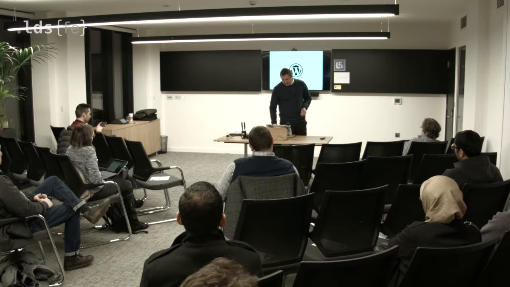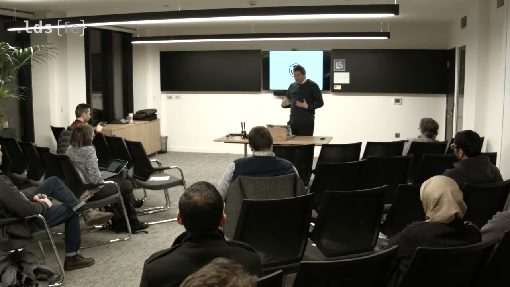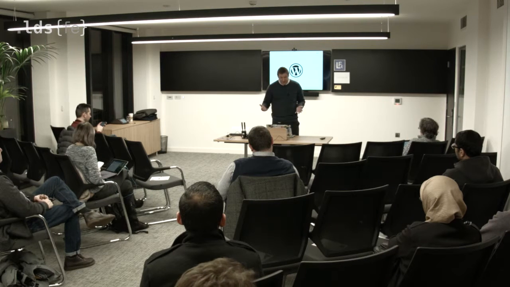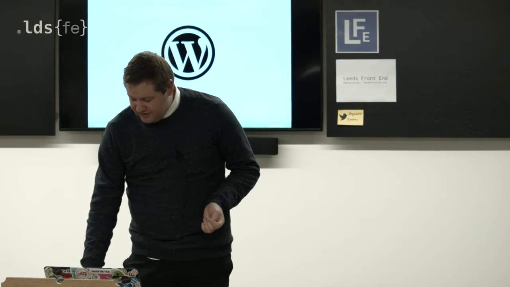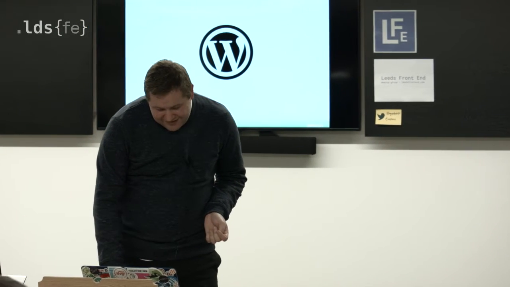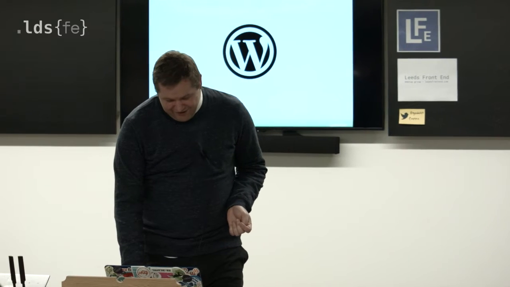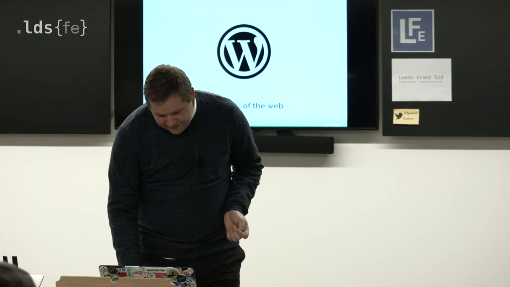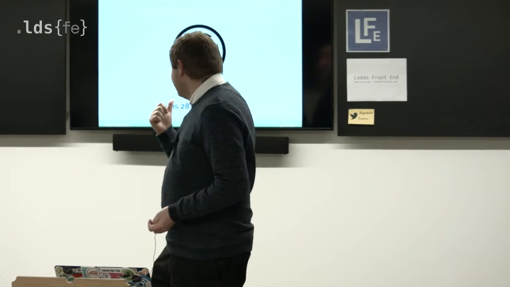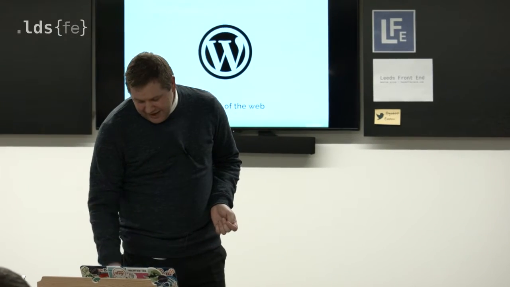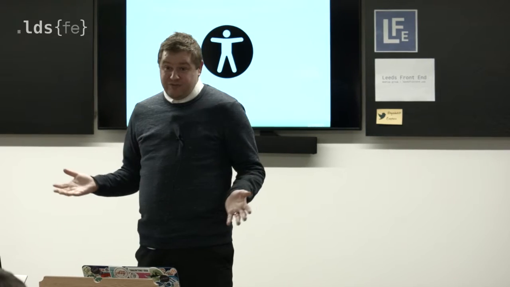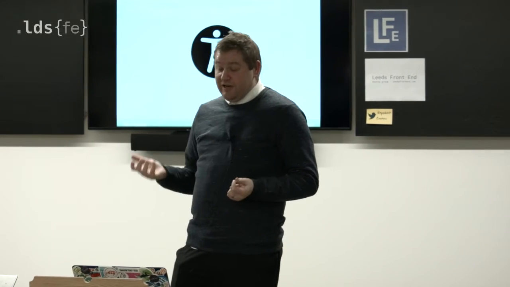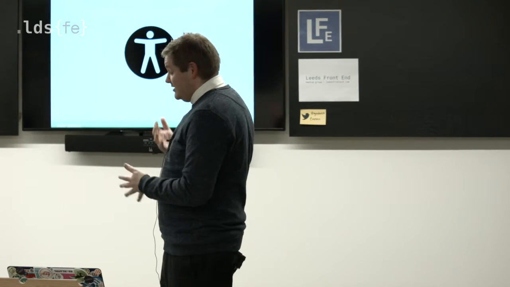So there's a few slides in here about why we use WordPress at our agency as a back end. I know there's a lot of love out there for WordPress, but there's a lot of hate there too. I'm not going to harp on too much about it because you're not the right audience, but it does run 28% of the web, and it's got a focused accessibility group. Anybody in this room, if they chose to, could join in and contribute to WordPress and the accessibility.